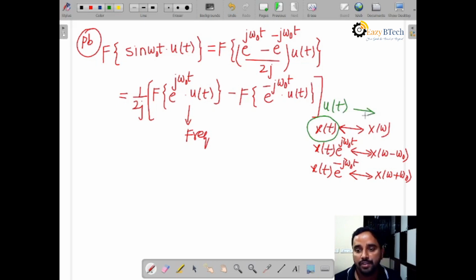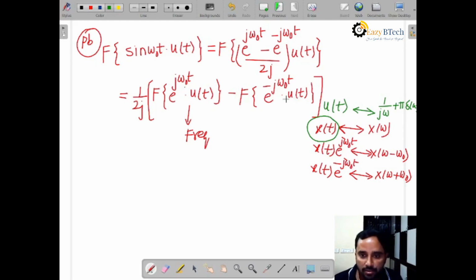What is the Fourier transform of u of t? It is 1 by j omega plus pi delta of omega. Right or not? So when u of t is multiplied by e power j omega naught t, we get x of omega minus omega naught, meaning wherever you have omega, write omega minus omega naught.